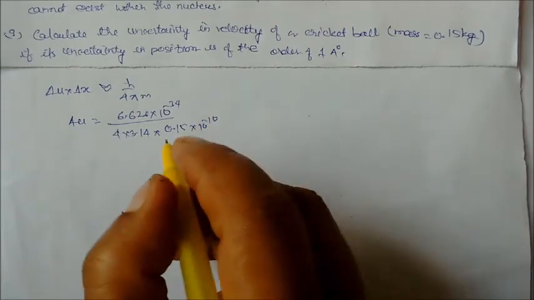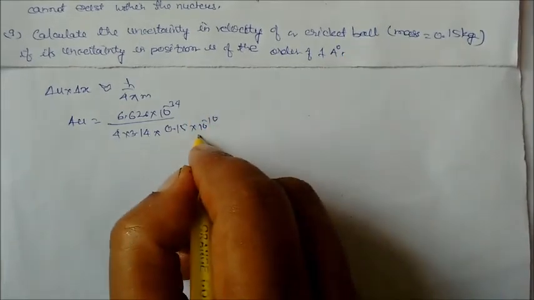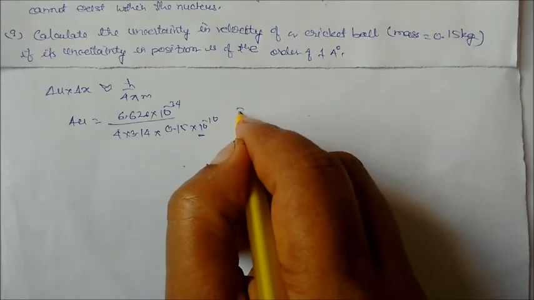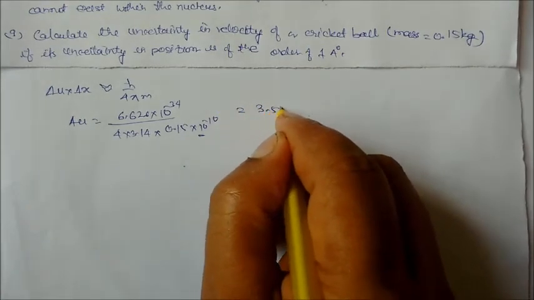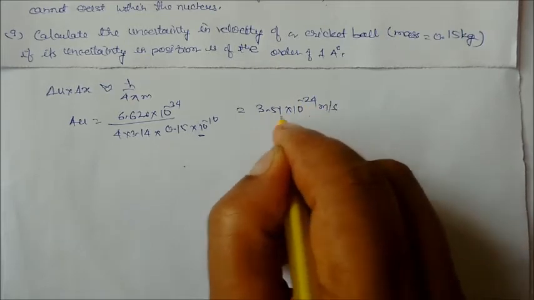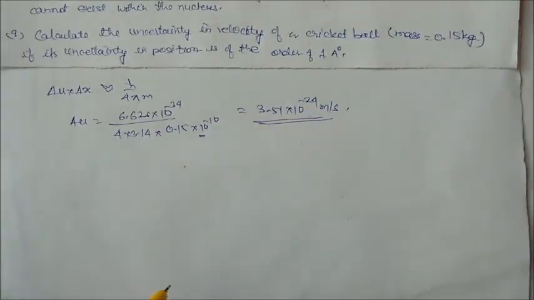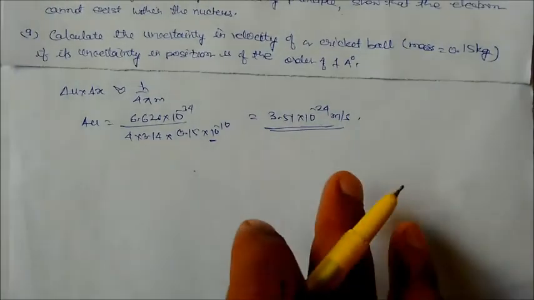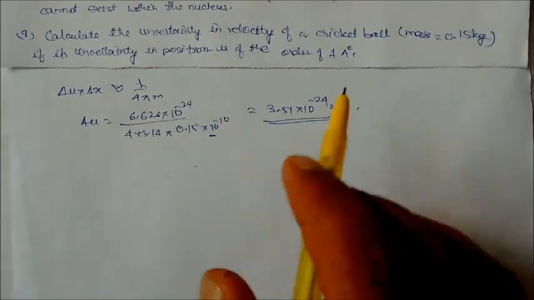On solving we will get 3.51 into 10 to the power minus 24 meter per second. So this is the uncertainty in the speed of the cricket ball.